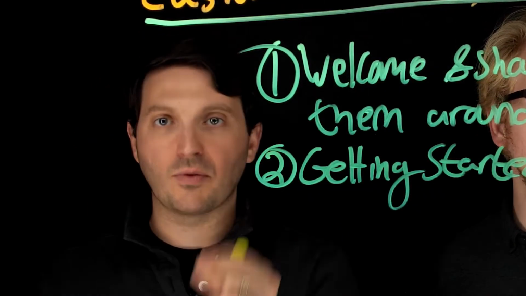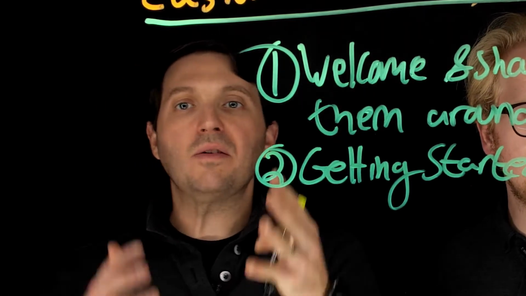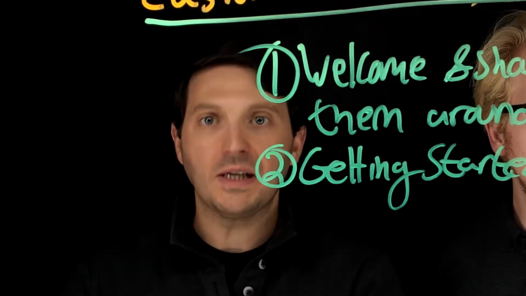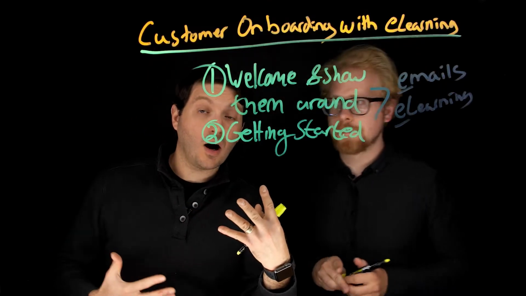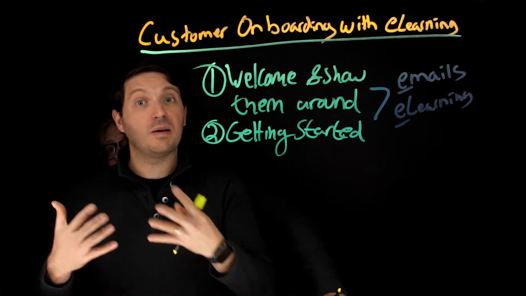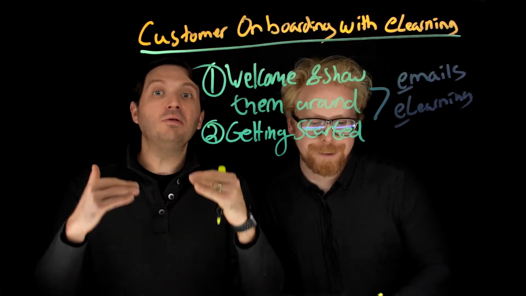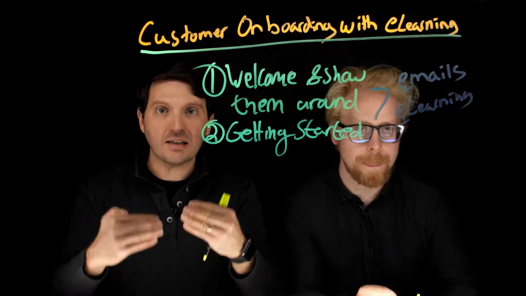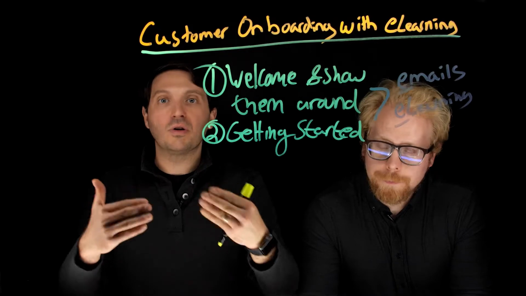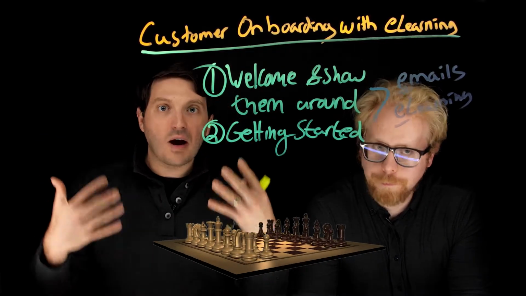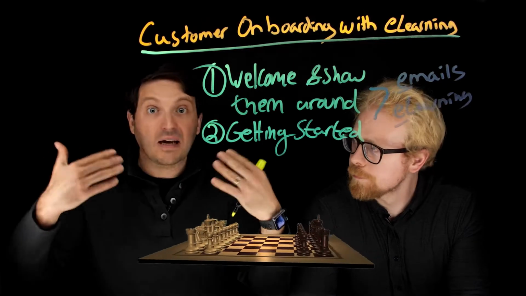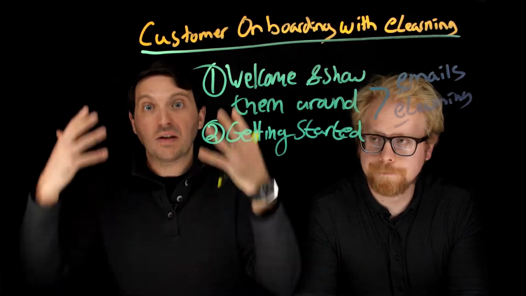Emails is absolutely critical. One of the problems that we have seen over and over again with companies is that they have a new customer, they may have a kickoff call, maybe a chat or whatever the case may be, and that's it. You need to make sure that you're consistently communicating to your customers. One analogy that I love to use is think of the game of chess, right? If you are ahead in chess by 10 or 14 steps, you will win the chess game.